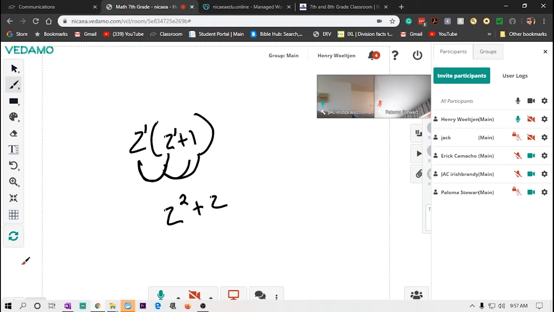If we distribute the Z to the first power to the 1, we essentially have Z to the first power times 1, or Z. Right, Z to the first power times 1 is Z to the first power. And you could simplify this even more if you really wanted to, but we're not going to go down that route.